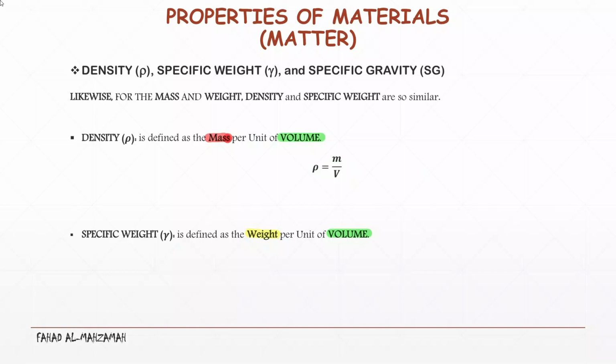So gamma, the specific weight, is equal to weight per unit of volume, and from the previous section, weight is equal to mass multiplied by the acceleration of gravity, so we can say mg divided by V. And from the definition of density, m over V is equal to the density.